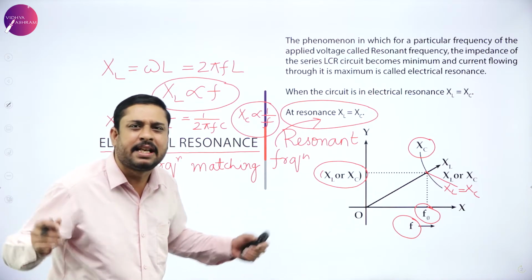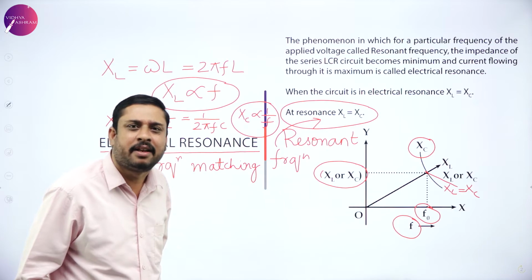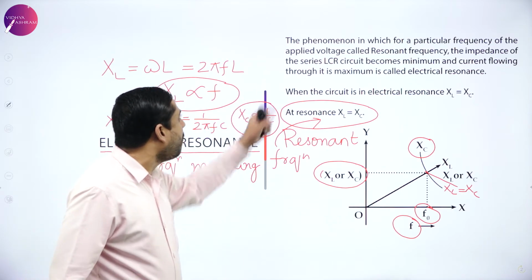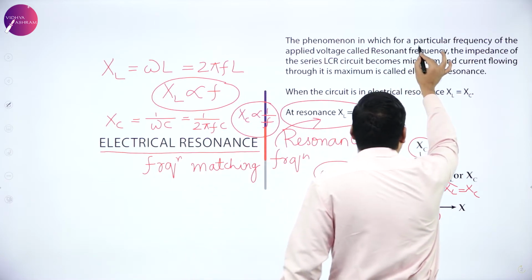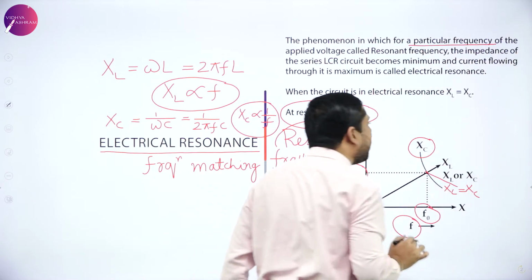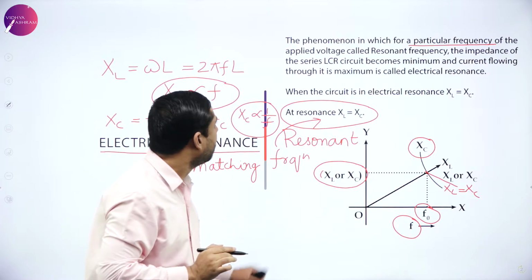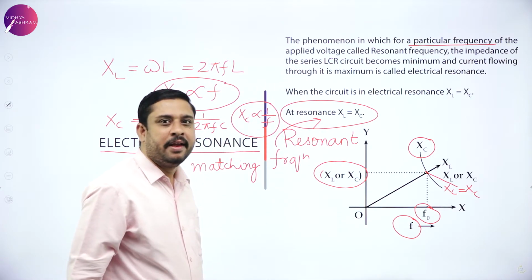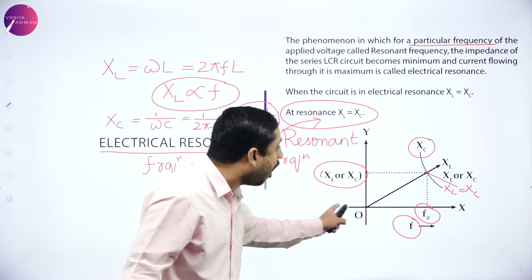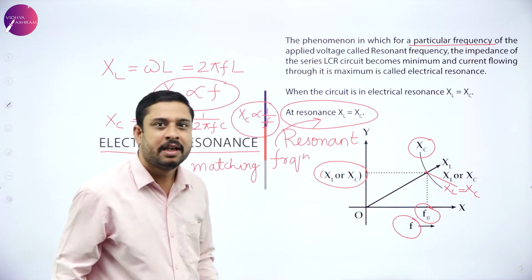What is this electrical resonance, students, then? For a particular frequency of the applied voltage, it doesn't happen at all frequencies.